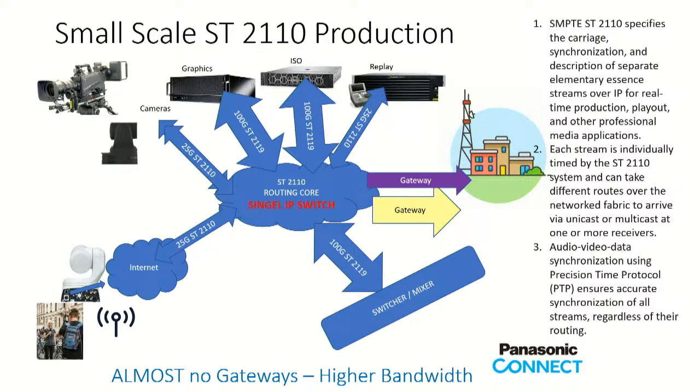It does support AES67, but not Dante. Dante requires a separate network, so it's not merging. But Dante now has a converter built into their software to convert Dante into AES67 directly. I think I saw a YouTube video on it too, on how to do it. So that makes it easier.